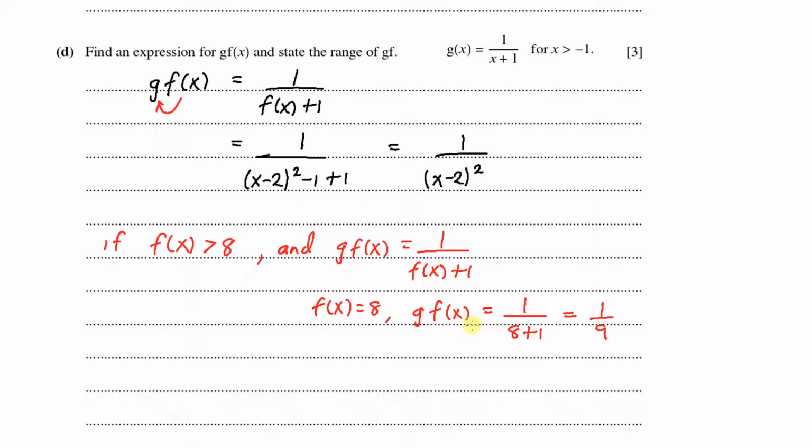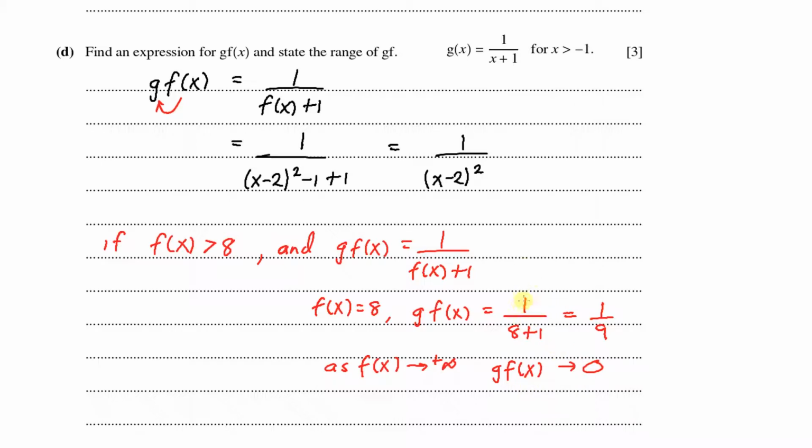So we know for certain that 1 over 9 is one of the limits of g of f of x. But let us now also consider what happens to g of f of x as f of x increases or approaches positive infinity. As f of x increases, it means that the denominator here also increases, which means 1 over an increasing number will approach 0.